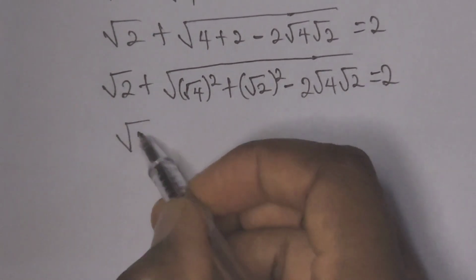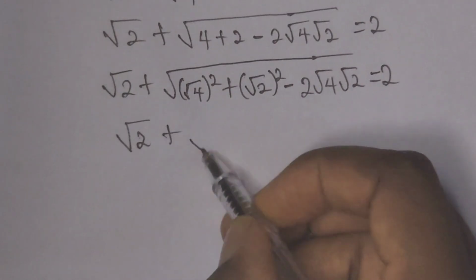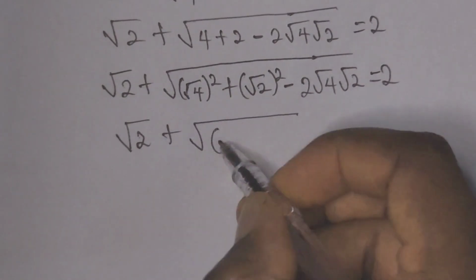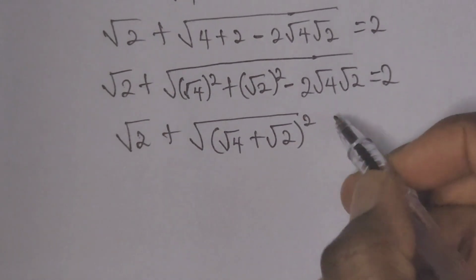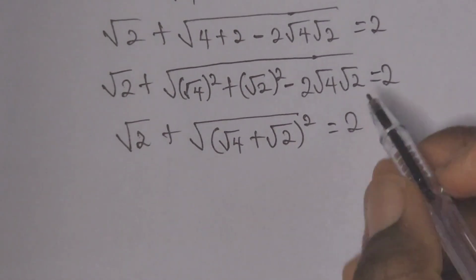So this becomes root 2 plus the square root of root 4 minus root 2 all squared, equal to 2. So we have root 2 plus, this will cancel this, we have root 4 minus root 2, all equal to 2.